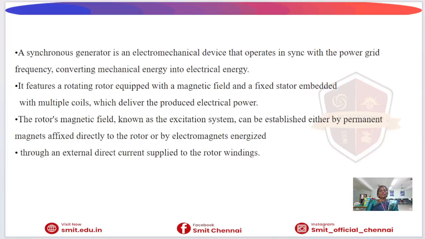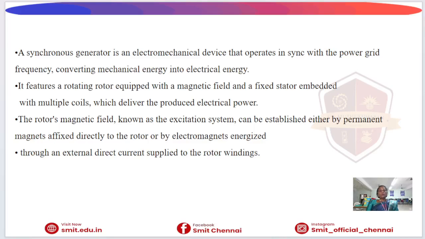The permanent magnet synchronous generators, commonly called PMSG, use powerful permanent magnets mounted on the rotor to create the magnetic field. These magnets are usually made up of rare earth materials such as neodymium iron boron, or NdFeB. Since the magnetic field is produced by permanent magnets, external DC excitation is not required.